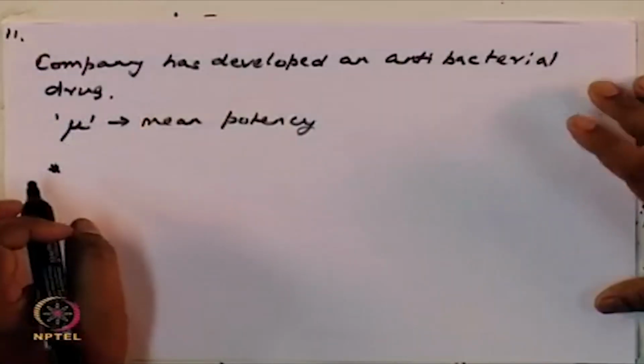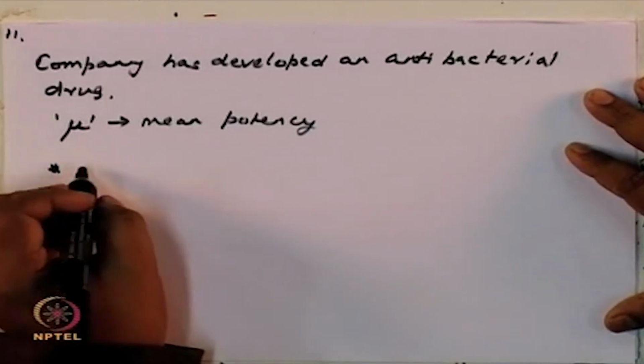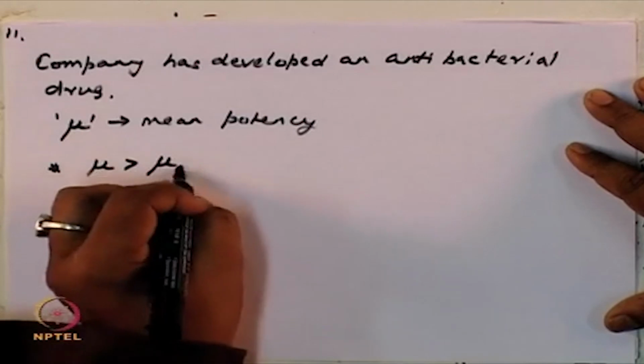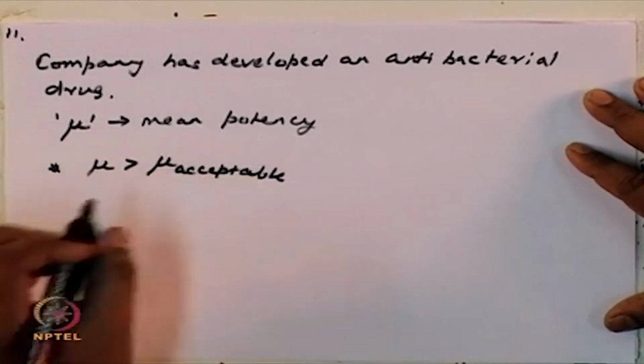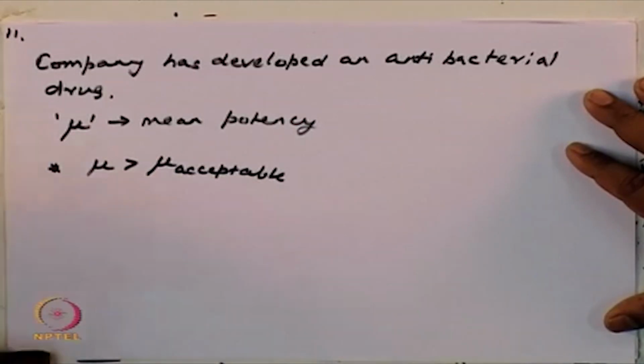So, instead of actually calculating its mean potency, what the company can do is address two possibilities. Possibility number 1, the average potency mu is greater than mu acceptable, whatever government norms stipulate that this potency is beyond this.